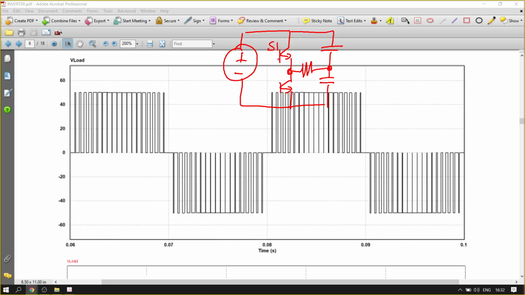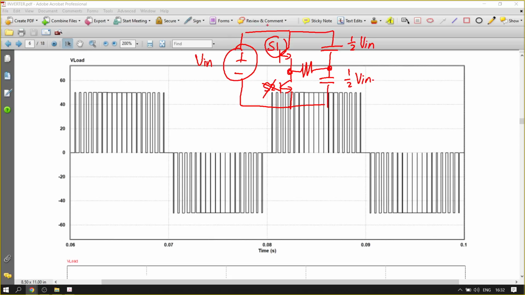So this is S1, S2. Right. So when S1 is on, apa akan jadi? Sini because it's a half bridge, so this will be half of the V in, isn't it? V in. Then kita ada half V in kat sini. Okay. So whenever switch 1 on, switch 2 is definitely off.